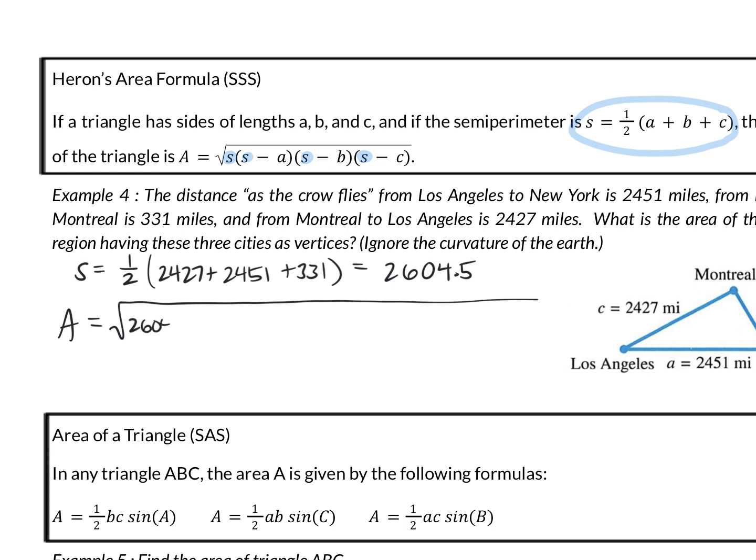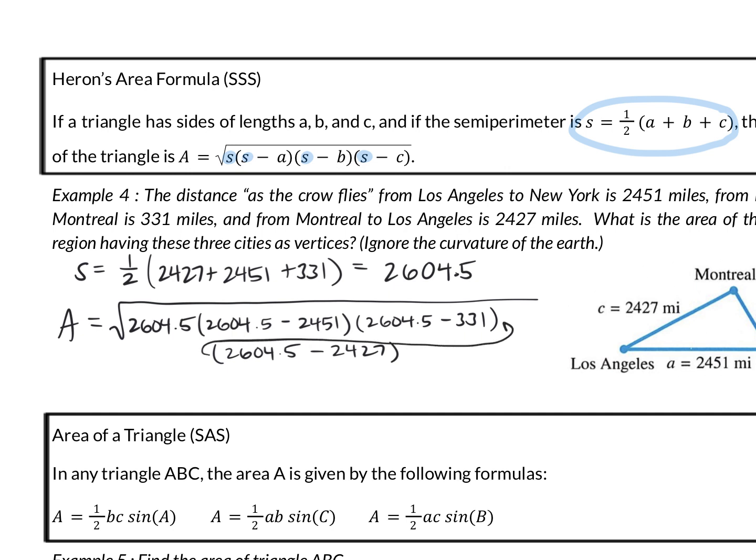I'll just write really small. 2,604.5 times 2,604.5 minus side length A, which was 2,451, times S again, minus my side length B, which is 331. And lastly, times S minus side length C, which is 2,427. Okay. That should be there.